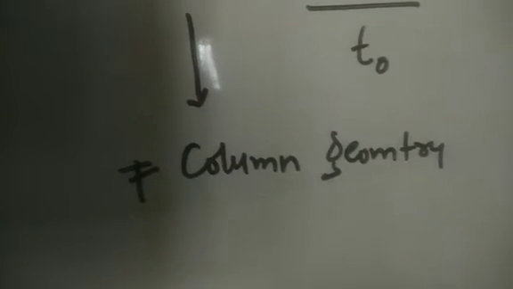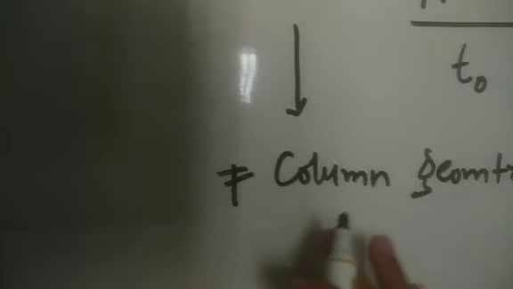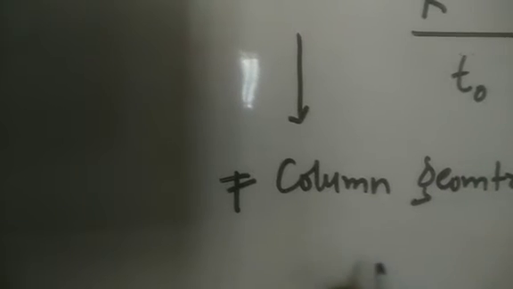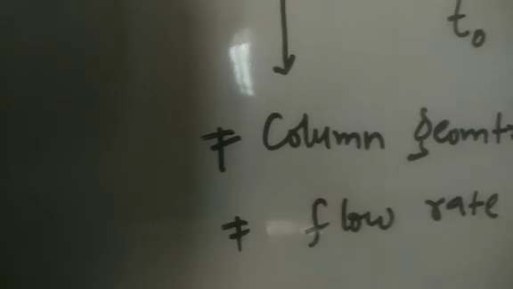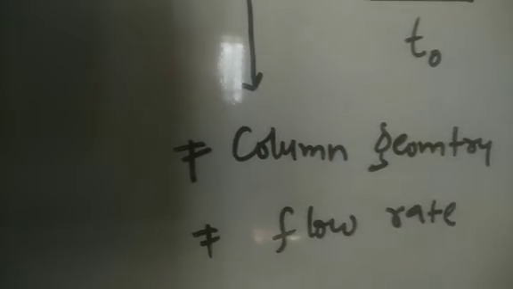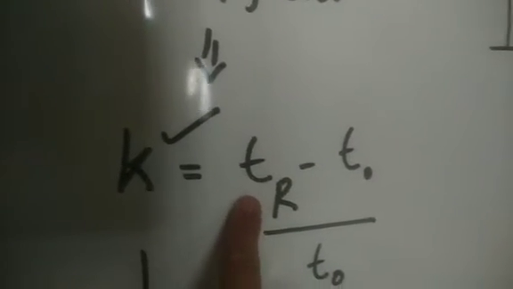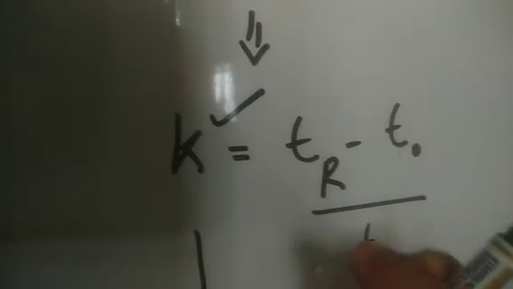And then second thing is that the capacity factor is a measure of retention of a phase, is independent of column geometry, and it is independent of flow rate of the solvent. तो capacity factor से basically हमें क्या पता चलता है, as it is the difference between the retention time and the dead time, so we are basically in a position to measure the retention.